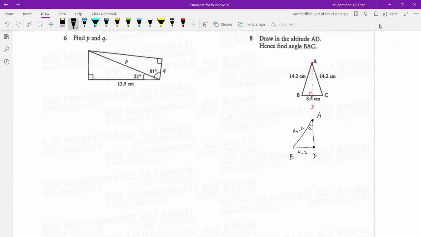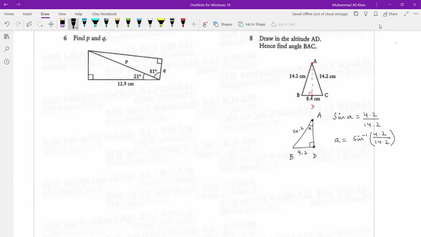Are we able to calculate the small angle A? Yes, we are. By the ratio of opposite and hypotenuse, here it is 90 degrees, by the ratio of sine. Sine A equals opposite 4.2 over hypotenuse 14.2. So A equals sine inverse of 4.2 divided by 14.2.